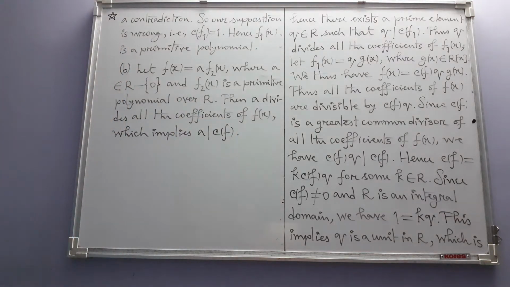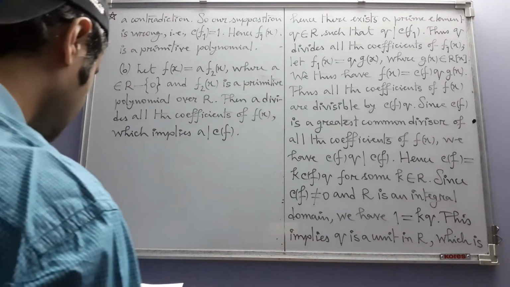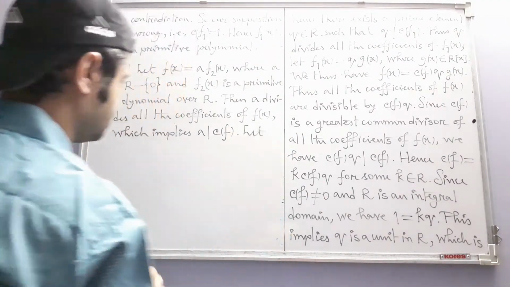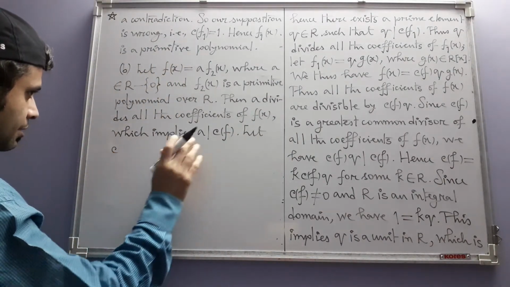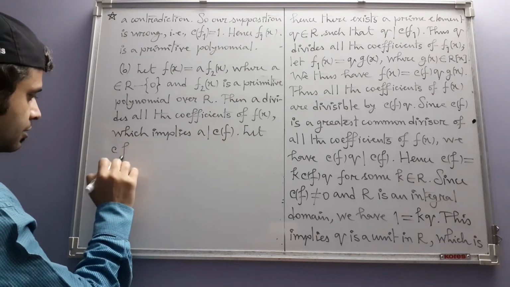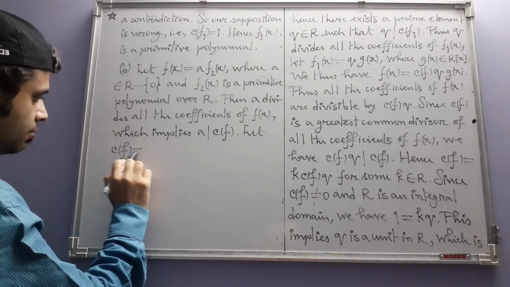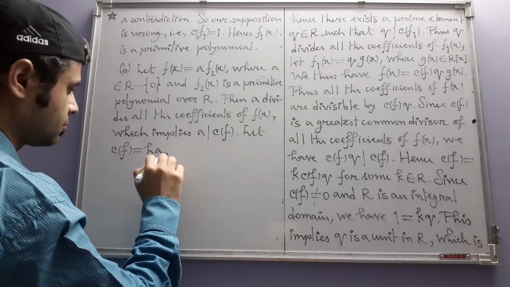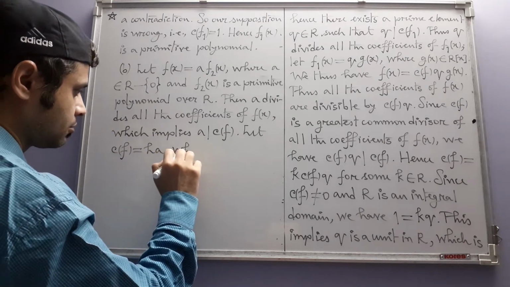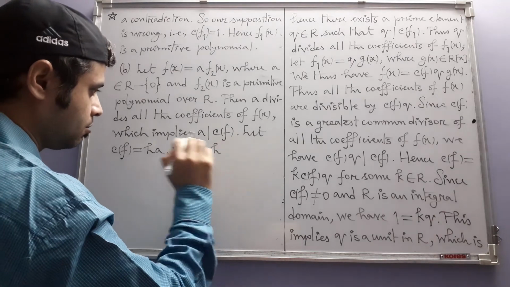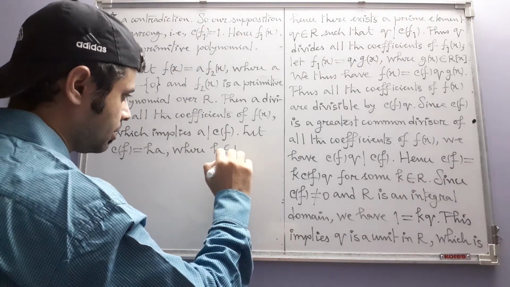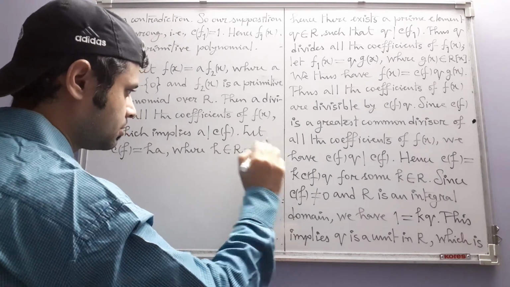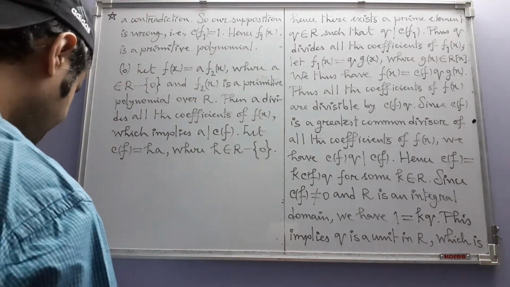So this is one thing we are getting from this equation. So that means since A is dividing this, this will be a multiple of A, where H is some element in R which of course is itself non-zero.